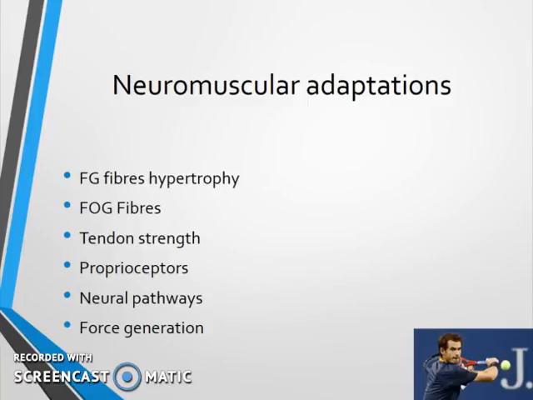Tendon strength would increase, which would help the performer become more flexible in the muscles. The proprioceptors will adapt because they are able to react faster, because, as we know, proprioceptors detect movement, so they tell the brain when to move, and these would work a lot faster with adaptations.